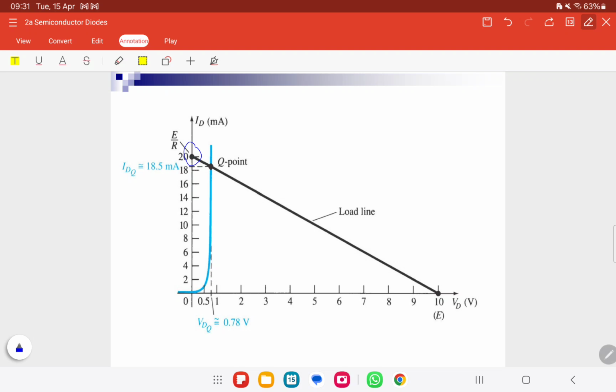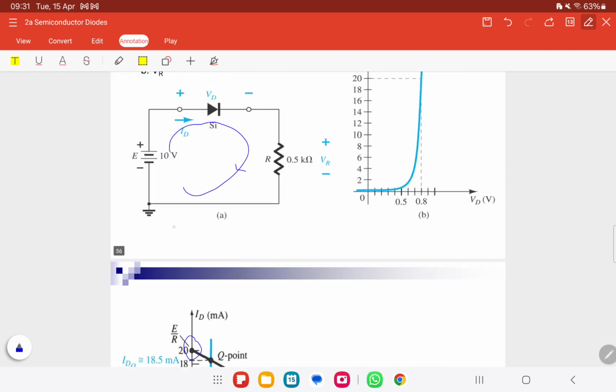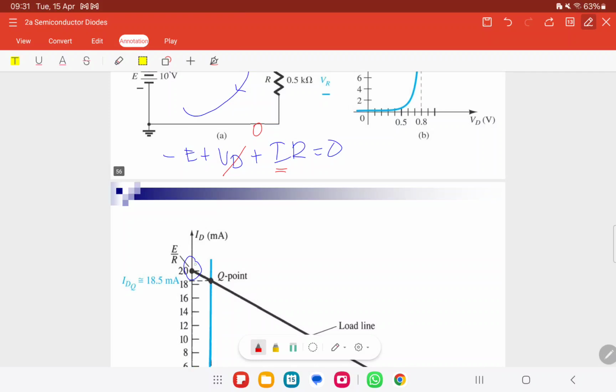Okay, and then for the second intersect, the KVL dia simple je: minus E plus VD plus IR equals to 0. First, kita set VD equals to 0, kita akan dapat the value of I dekat mana kita nak plot lah.